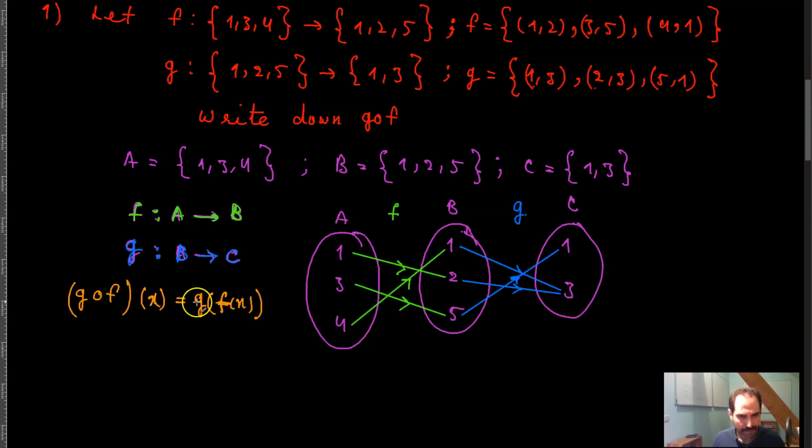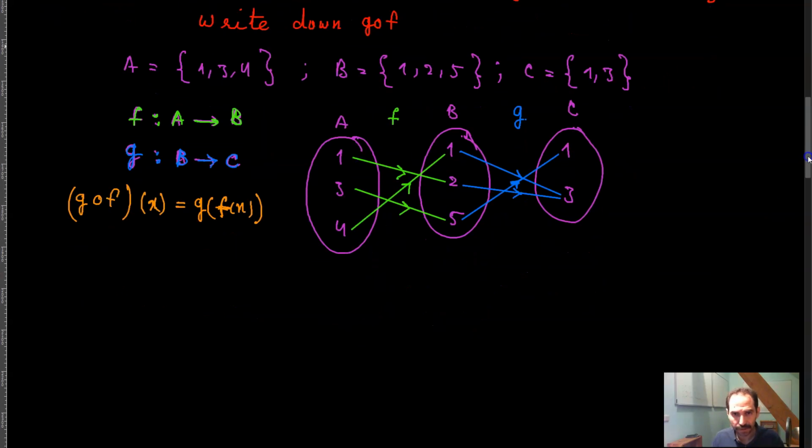Which means that, for example, this 2 is the same thing as f of 1, of course, meaning that if I call this x, then this is going to be f of x.